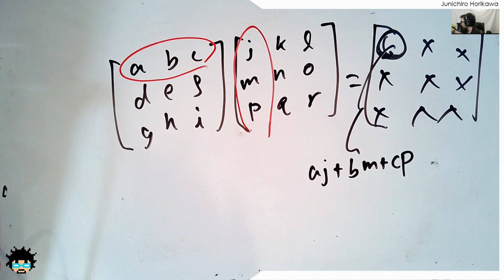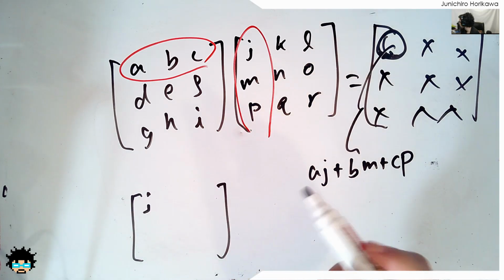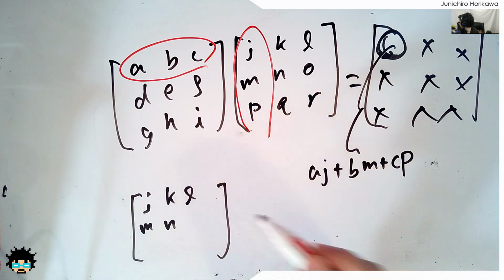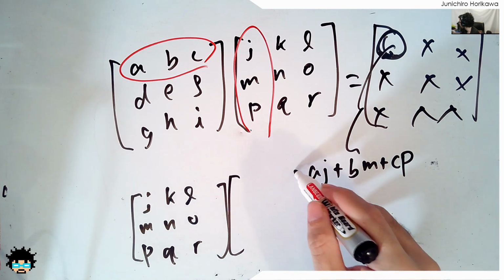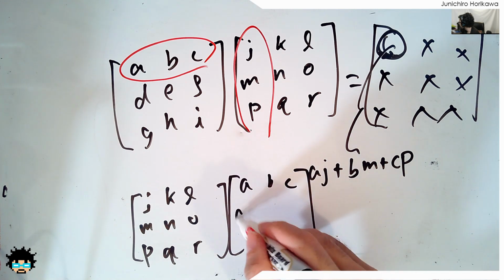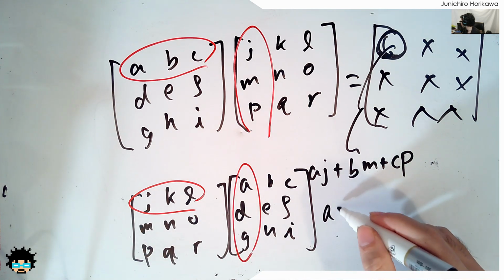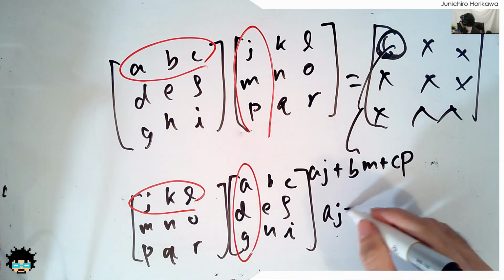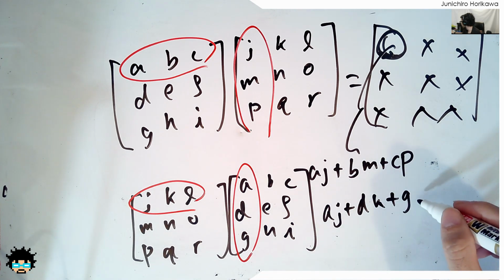So what if we change the order of the matrix like this? If this J, K, L, M, N, O, P, Q all comes on the left hand side, and on the right hand side we have A, B, C, D, E, F, G, H, I. Then if we try to do the multiplication in the same manner, picking this one and this one, then the value that we get is AJ plus DK plus GL.